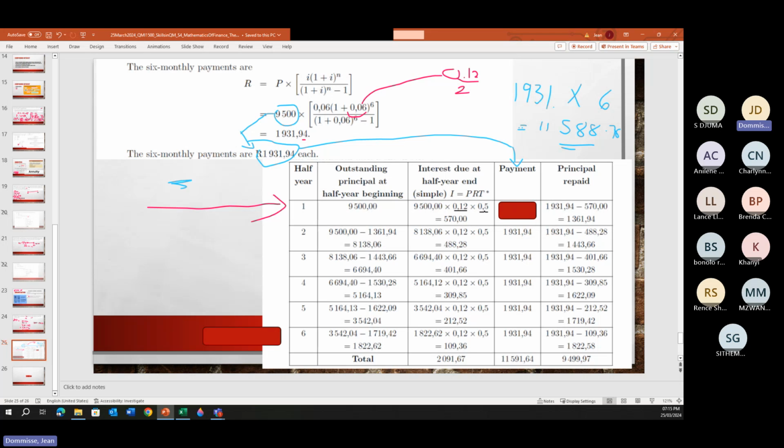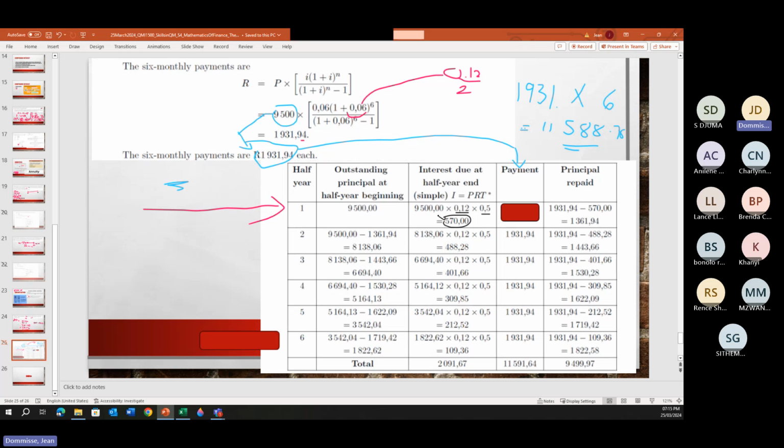So again, you could have said 9,500 times 0.06, and that will give your initial interest. Okay, so that is how we work out that initial interest.